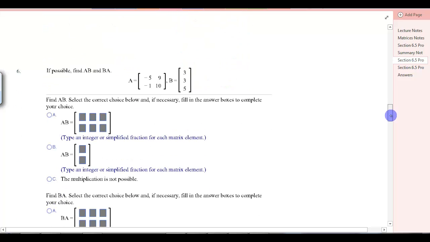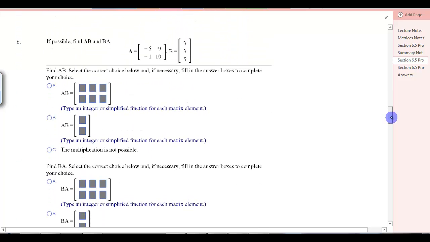All right. Let's come down to number 6. Same kind of problem. Can we do the multiplication? This is a 2 by 2. This is a 3 by 1. All right, and remember we're looking at these two numbers.